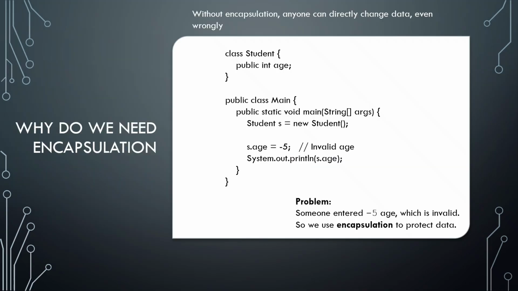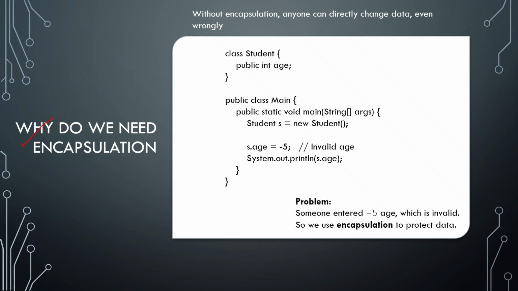Now, after seeing how encapsulation is achieved in Java, you might get one question: why do we actually need encapsulation? The main reason is data protection. Encapsulation helps us protect the data from wrong or unauthorized modifications. Instead of allowing direct access to variables, we control the access using methods, which makes the program more secure and reliable.